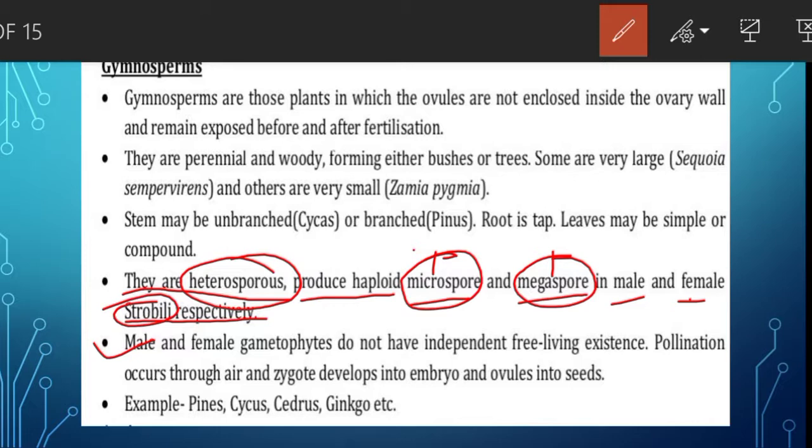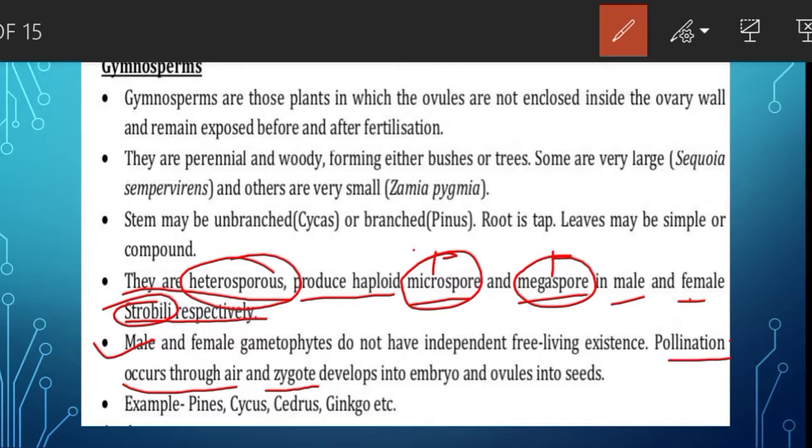Pollination occurs through air. Pollination means transfer of pollen grains from anther to stigma. So with the help of air, the pollen grains are transferred, and after the transfer of the gamete, fertilization takes place, which results in formation of a diploid structure, which is called zygote.